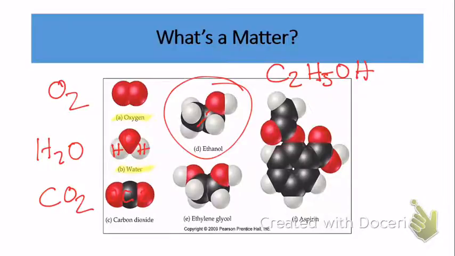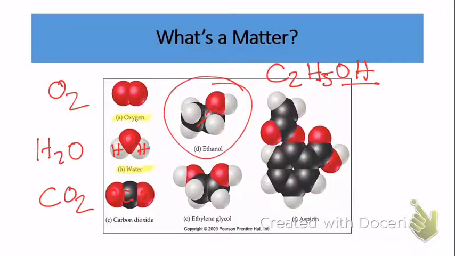All right, so this OH here is what makes it an alcohol, so that's why I've written it the way it is. But really, it is made up of 2 carbons, 6 hydrogens, and 1 oxygen. So it really has a ratio of 2 to 6 to 1.